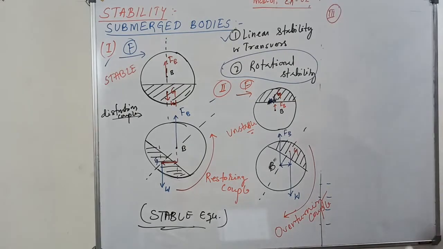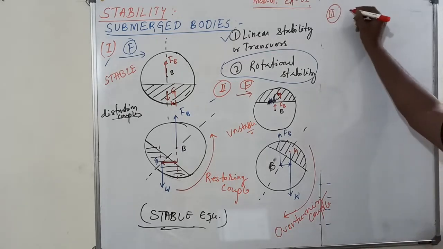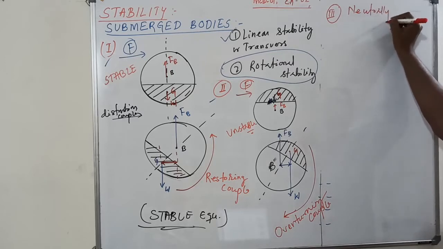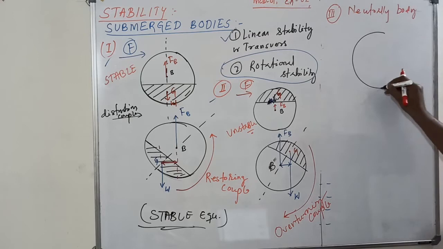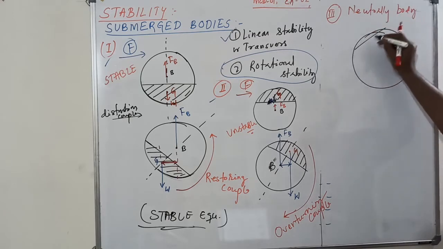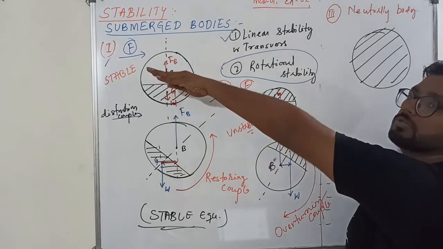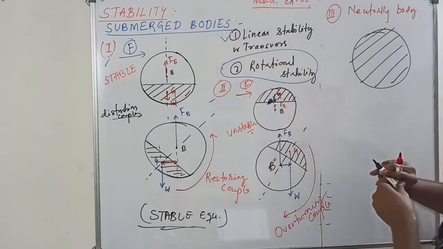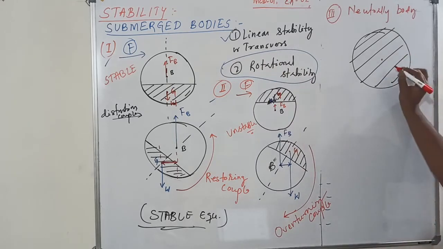Case 3 is for a neutrally buoyant body. What does that mean? The weight is equally distributed throughout the body. In one case the maximum portion of the weight is on the downward side, in another on the upward side, but here the weight is equally distributed throughout the body.